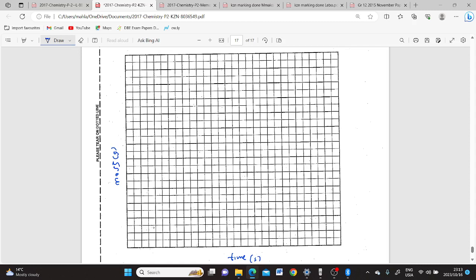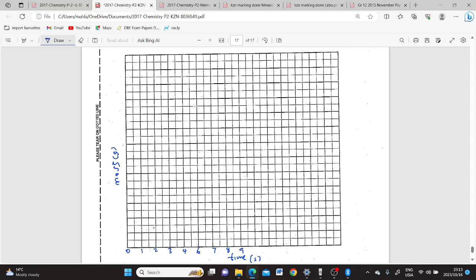Right, we need to put the calibrations, so we can have 0 here, and then we can have spacing, so they are not that much. The time is up to 9. So let's see if we can have up to 9: 1, 2, 3, 4, 5, 6, 7, 8, 9.